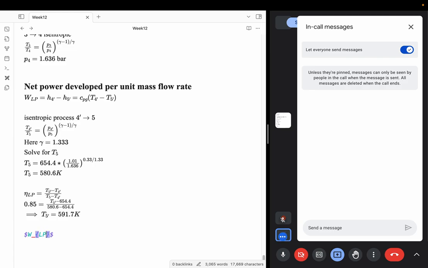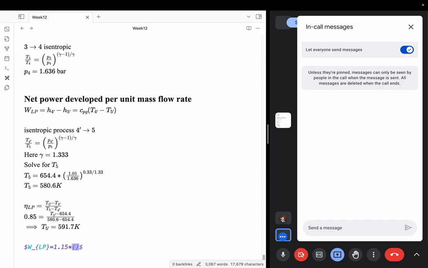Now I have T5 prime, so the net power output is straightforward, which we have already known before. So W low pressure turbine is CPG, 1.15, times T4 prime, 654.4, minus T5 prime, 591.7. So this is 72.1 kilowatt.